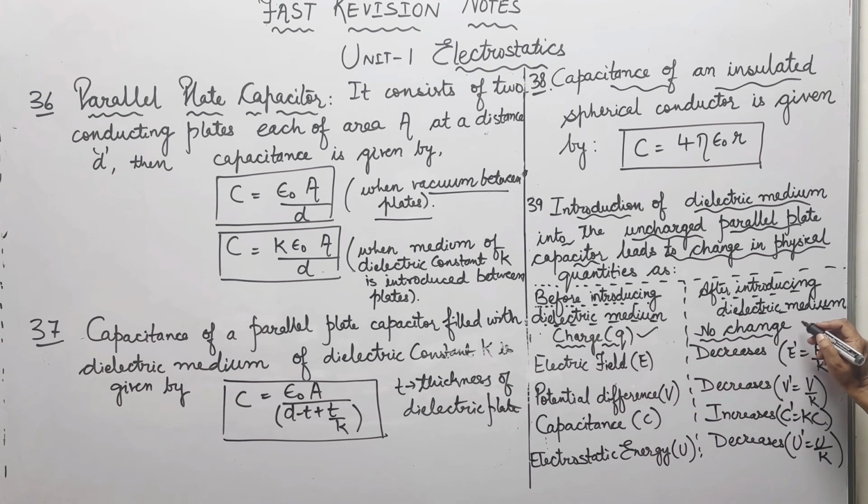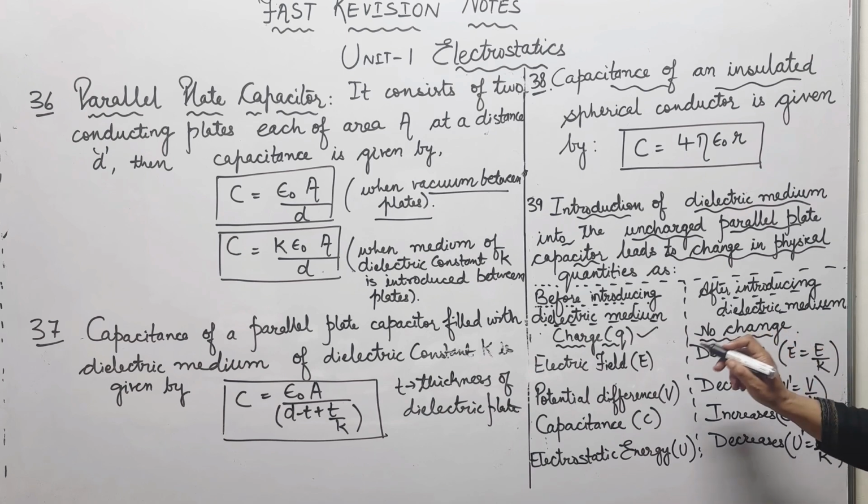Charge: there will not be any change in the charge. Electric field decreases, as the new electric field will be the original electric field divided by the dielectric constant K, and K always has a value greater than 1. This is the reason we have the decreased electric field.